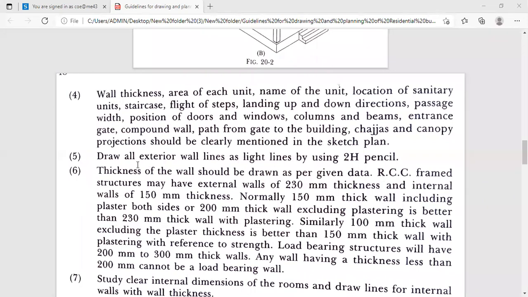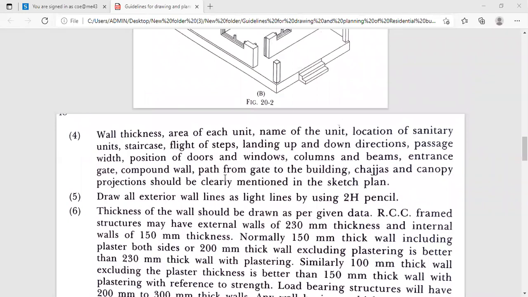So then after drawing the line plan, you have to go for mentioning the wall thicknesses. Generally, whatever wall lines are there, either you have to consider the lines of the line plan at the mid position of the wall thickness, or sometimes we can provide the wall thickness to the inner side of the building.